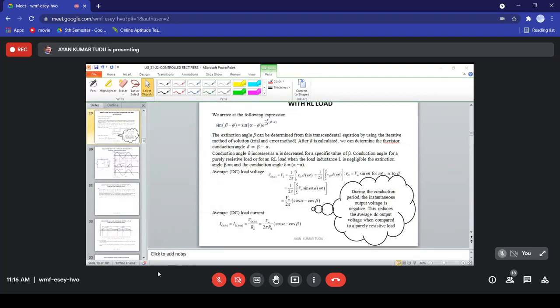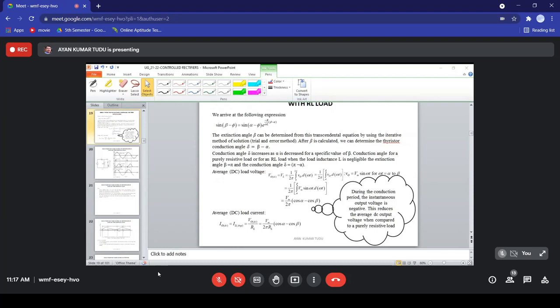If you compare the average DC output voltage of a single phase half wave phase controlled rectifier with an RL load against a purely resistive load, the average DC output voltage with RL load is less, because the instantaneous output voltage is negative during the conduction from omega t equal to pi to omega t equal to beta.